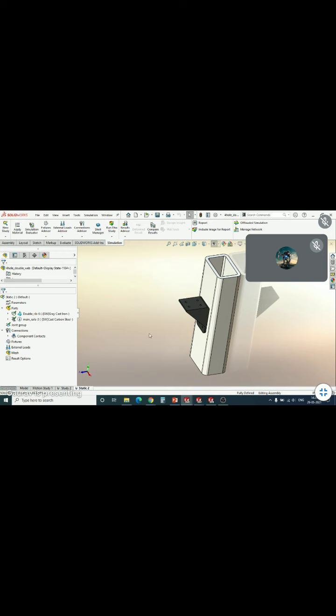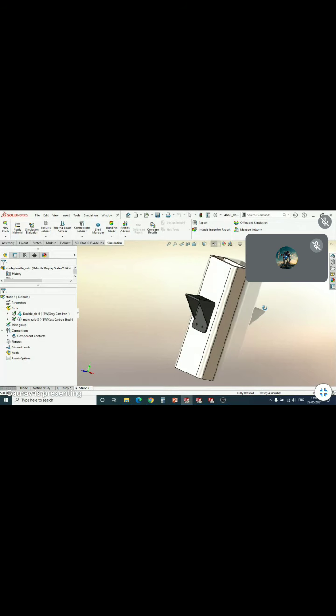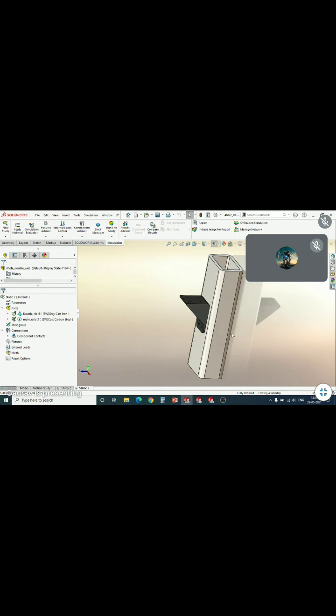And finally, we can mesh it. Now, since this is an FEA, finite element analysis, we usually discretize our model into a number of elements, correct? We divide it into a number of elements, and then finally the results are obtained after the processing.